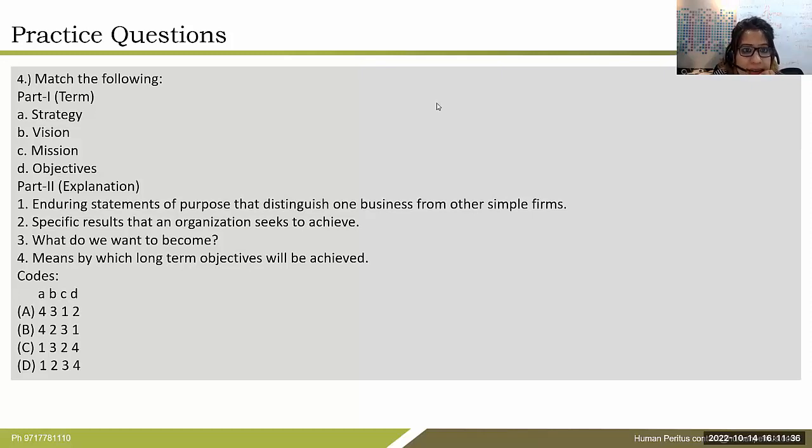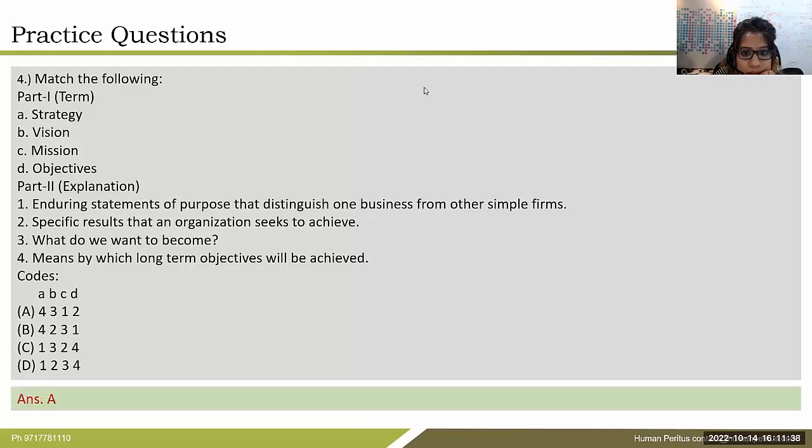Yes, the answer is A. Good. So just have a closer look at the options. Through the options, it is very easy to identify. Purpose tells us about the mission. What do you want to become? That tells us about the vision. Two of the options you already know.